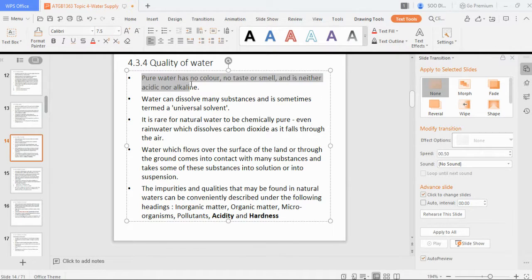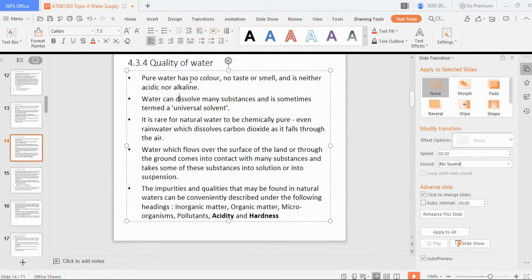First off, it says pure water has no color, taste, or smell, and is neither acidic nor alkaline. So water in its most pure state will not have any color, taste, or smell, and is pH neutral.